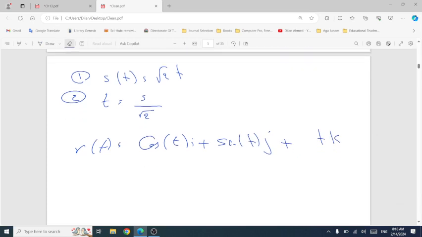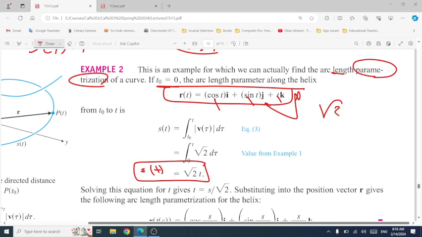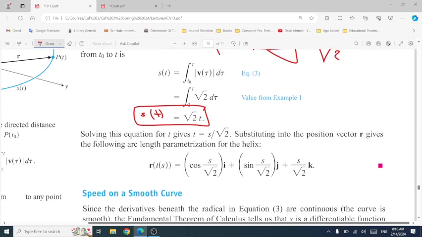It will be changed to what? Is that clear, Jamaat? Why? Because there was a relation between S and T. Good.